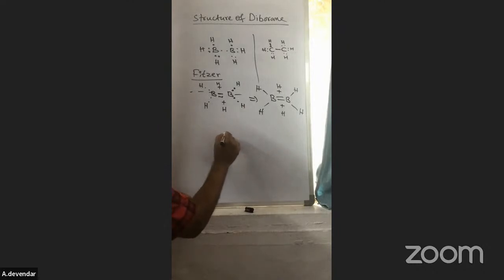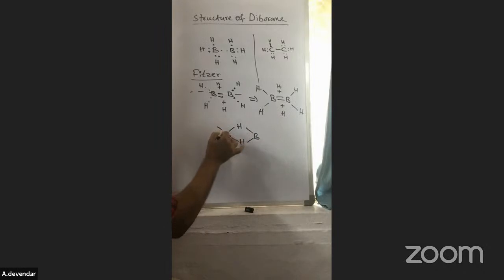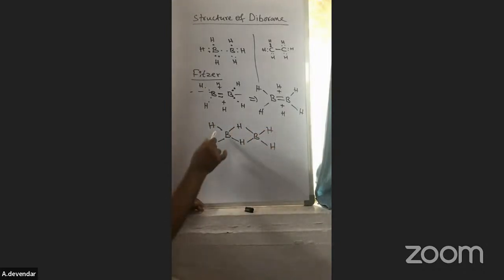The bridge-like structure means, if you see this one, the boron, when I am writing this, means two electrons are there. Hydrogen, hydrogen. Now these are two hydrogens. Now the bonds are formed. See friends, how many?